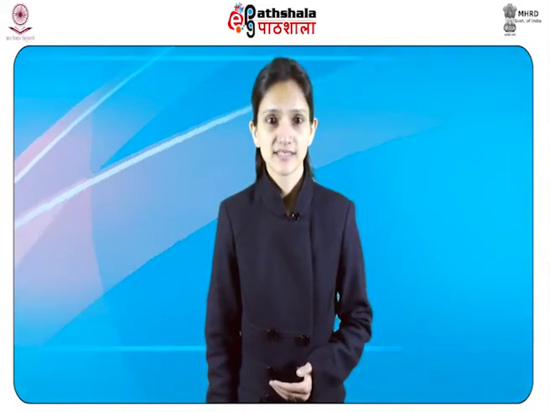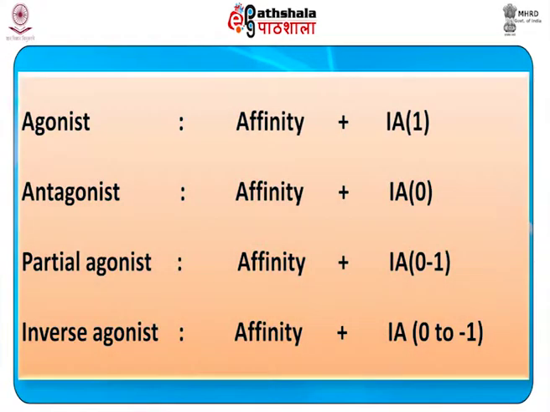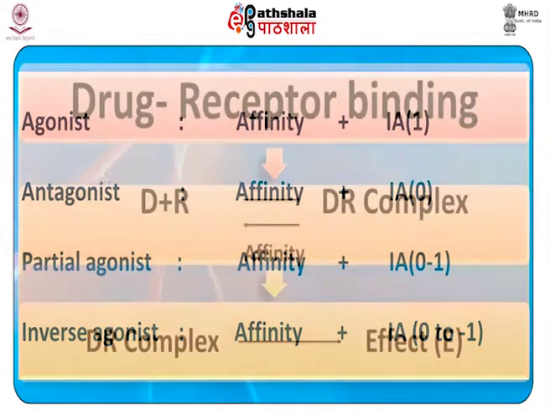Some drugs possess affinity but not efficacy. Then agonist is affinity plus IA 1, antagonist is affinity plus IA 0, partial agonist is affinity plus IA 0 to 1, and inverse agonist is affinity plus IA 0 to minus 1.